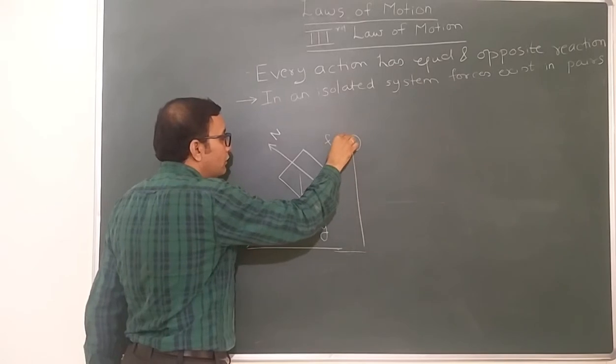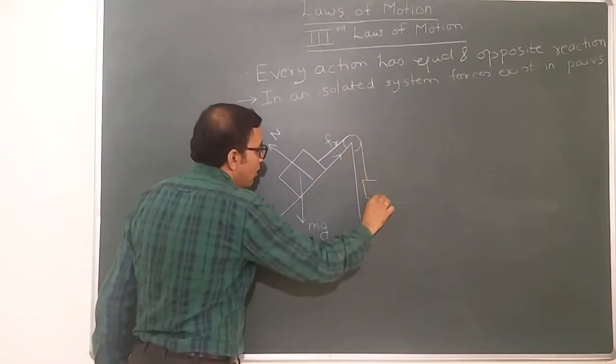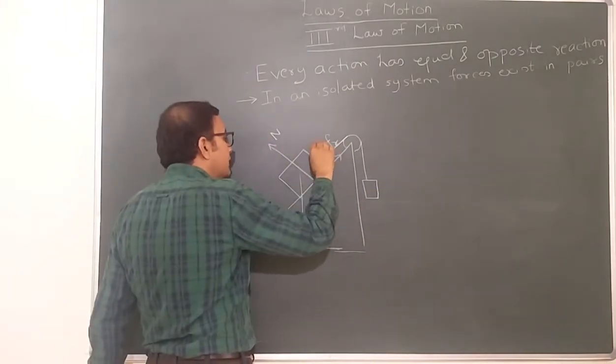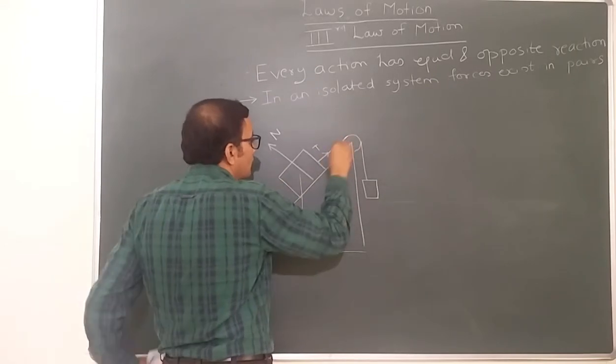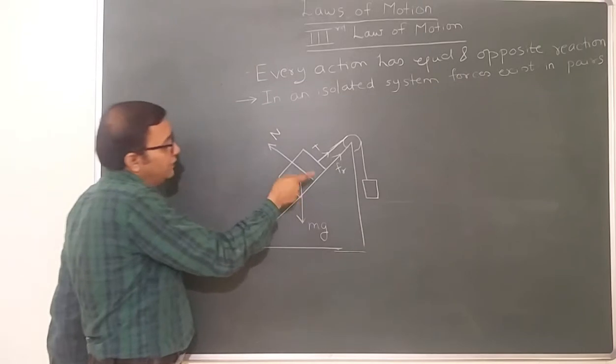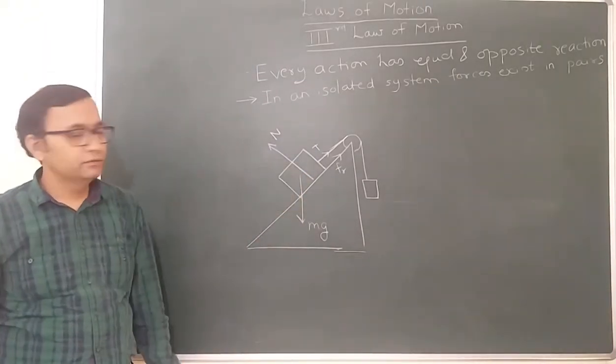Let me draw a pulley also. There is a tension. So these are the four forces acting on the block.